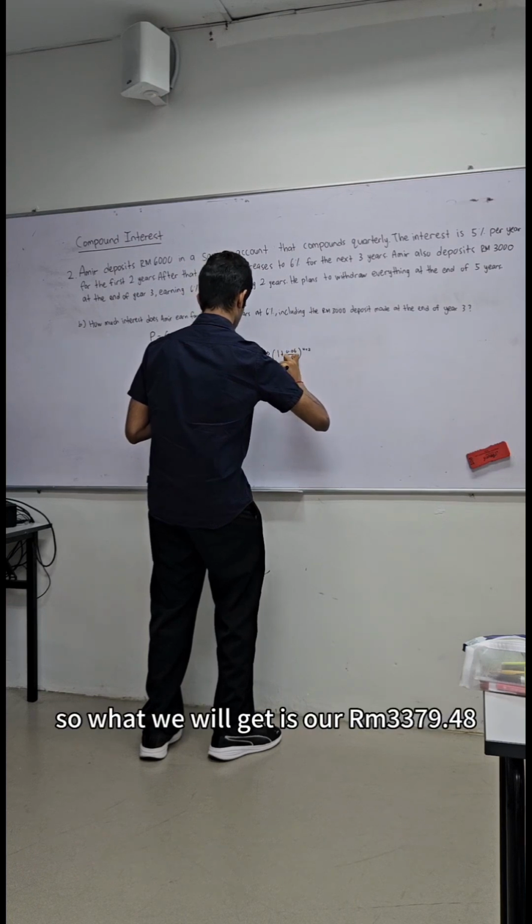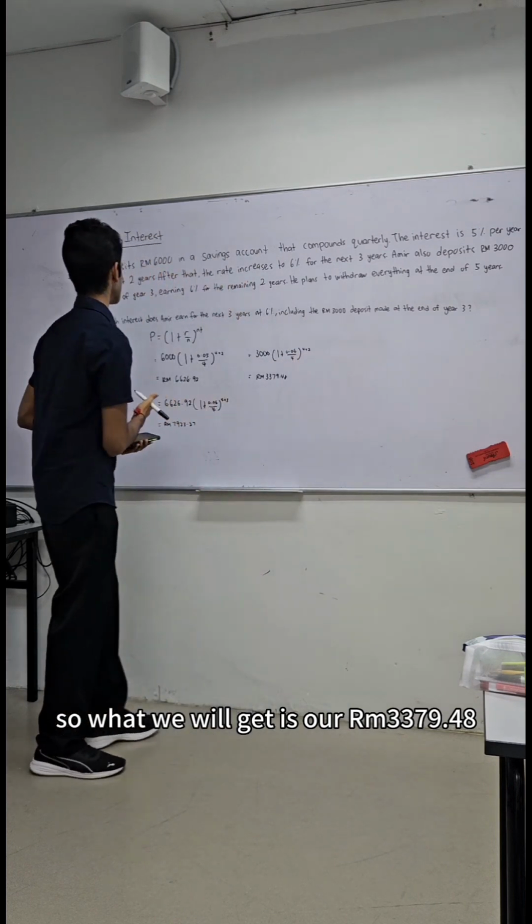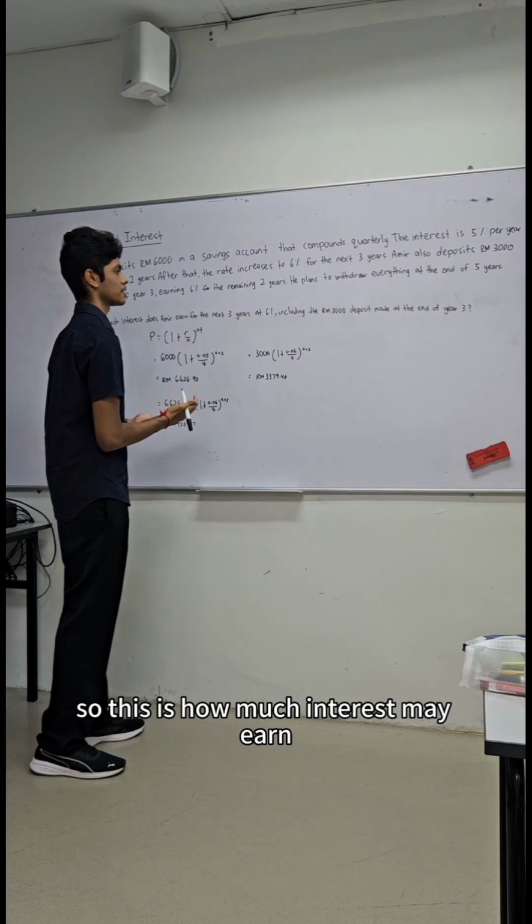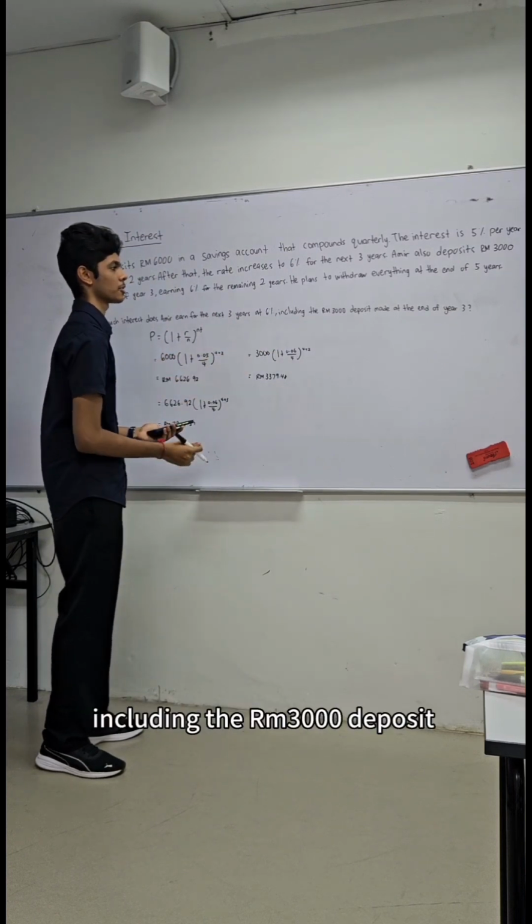So what we will get is RM3,379 ringgit 0.48 cents. So this is how much interest Ame earns the next 3 years at 6%, including the RM3000 deposit.